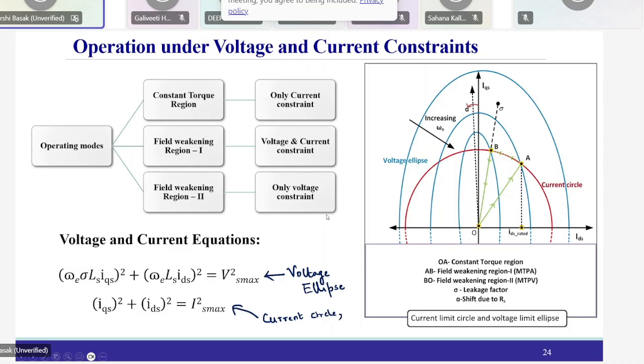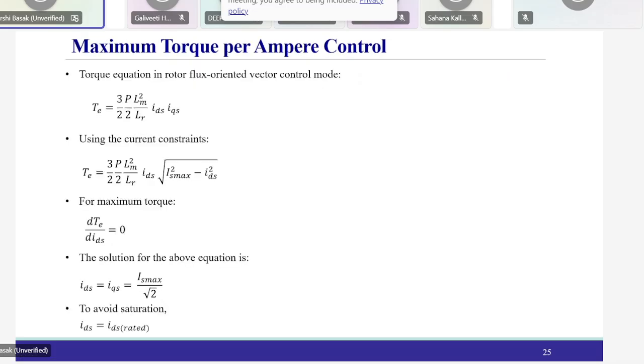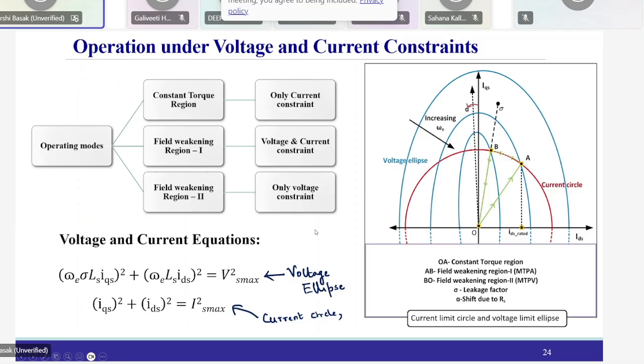Now first of all, what we will consider is the maximum torque per ampere, with only the current constraint. Under the current constraint, if there is no voltage constraint, that means you have infinite voltage, or the voltage ellipse is always outside the current circle.